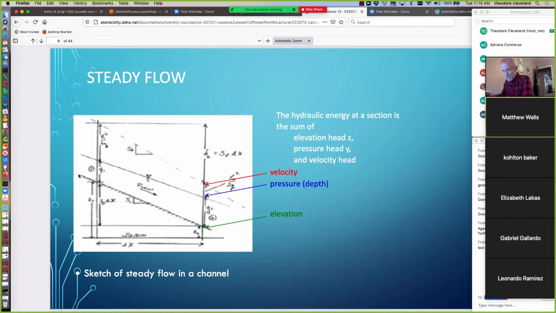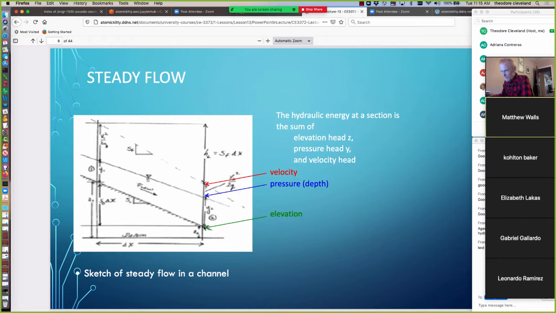So let's return to our drawing. Here's our bottom slope. And here is the water surface, which happens to be coincident with the hydraulic grade line. And this dashed line is the energy grade line. So let's look at a couple points at cross section 2.